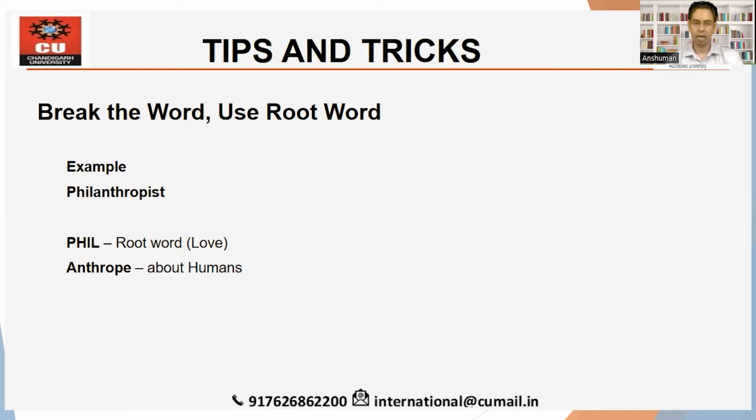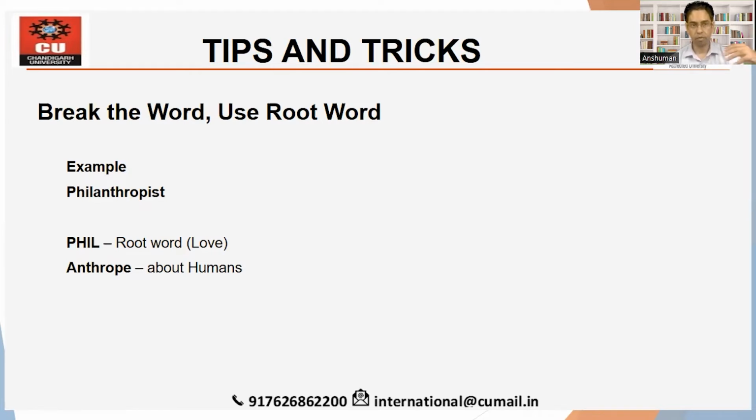Now, PHIL means love, okay? And anthropy, which is the next part of the word, means about humans. So what is a philanthropist? Philanthropists are the persons who love humans or who love mankind.